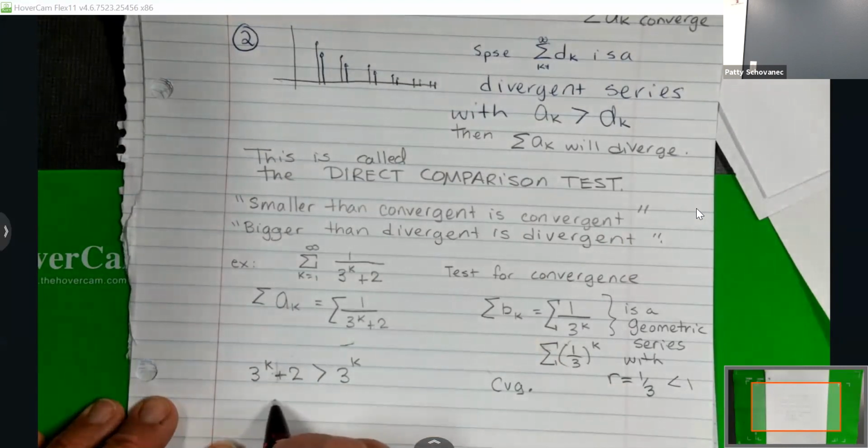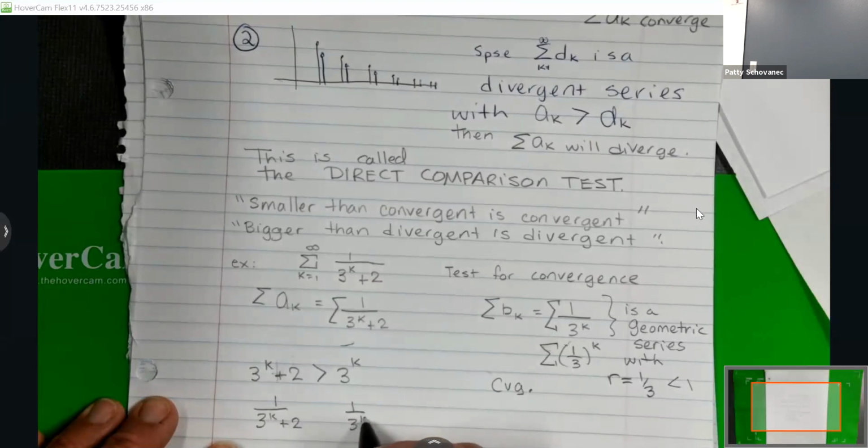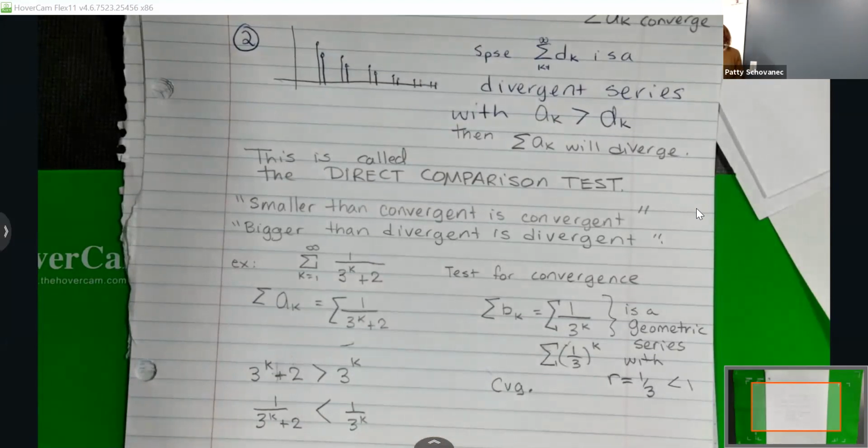So if I flip my inequality by flipping both sides, remember if you flip the expression, it does indeed flip the inequality. And so 1 over 3^k plus 2 is smaller than 1 over 3^k. The series that I'm testing has terms that are smaller than the terms in a convergent series. And by the direct comparison test, smaller than convergent is convergent.